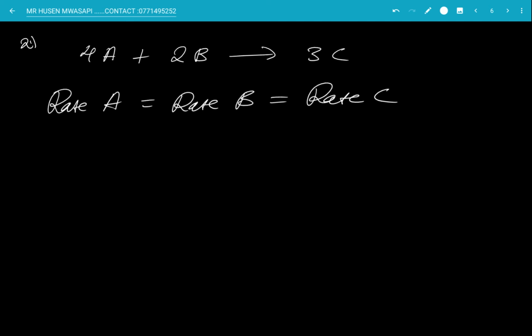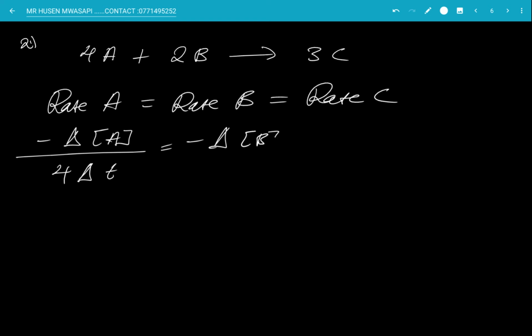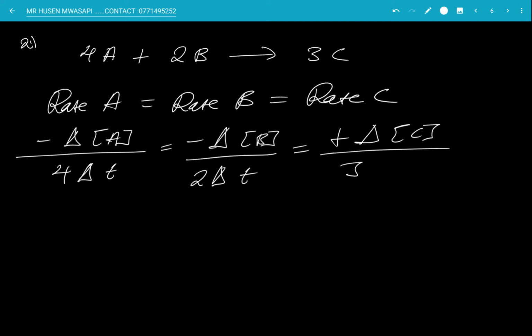C. So what is rate of A? Minus change in concentration of A over 4 change in time. Rate B, minus change in concentration of B over 2 change in time, being equal to plus change in concentration of C over 3 change in time. If you did this, then you're correct.